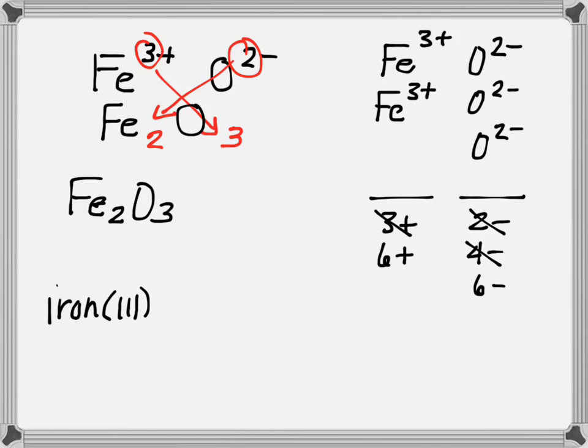Iron needs Roman numerals because it's not in group 1A, 2A, 3A, zinc, silver, or cadmium. So remember, groups 1A, 2A, 3A, plus zinc, silver, and cadmium, no Roman numeral.